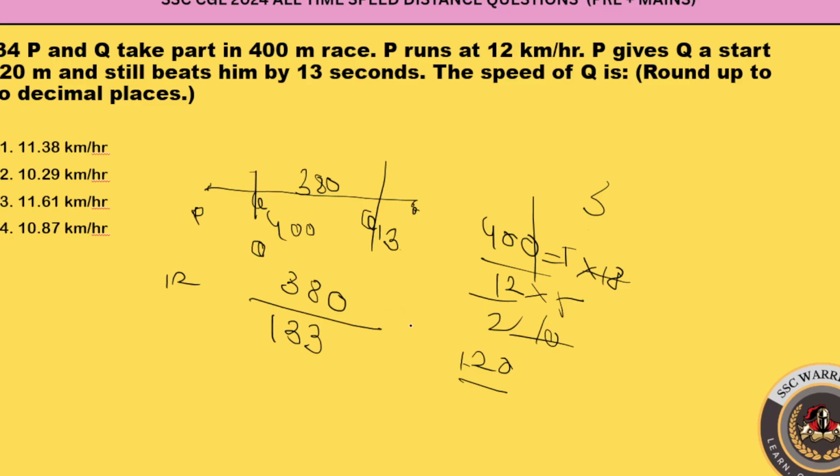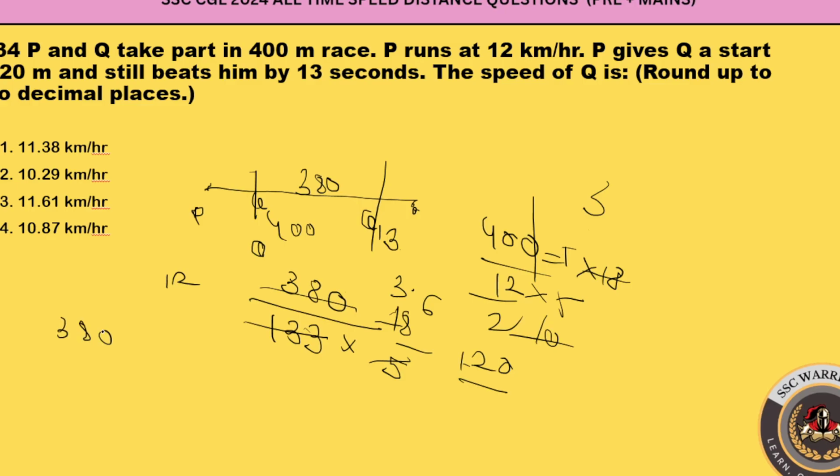So speed will be what? This is in meters per second, so multiplying it by 18 by 5 to get kilometers per hour, that is 3.6.